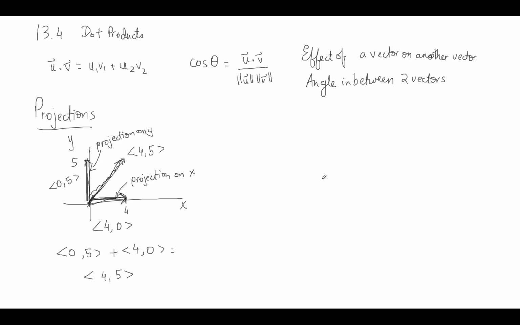This is where the projection formula becomes more useful, because this projection we could figure out without having to use any formula. We just literally looked at the components here, and made a right triangle out of it. But we don't always care about just horizontal and vertical motion. Sometimes we care about how much is this motion and this motion.